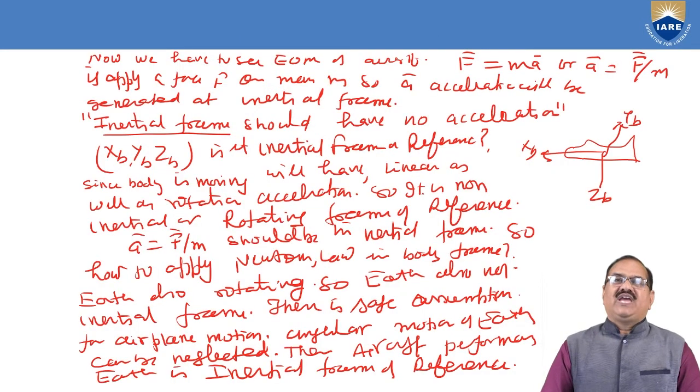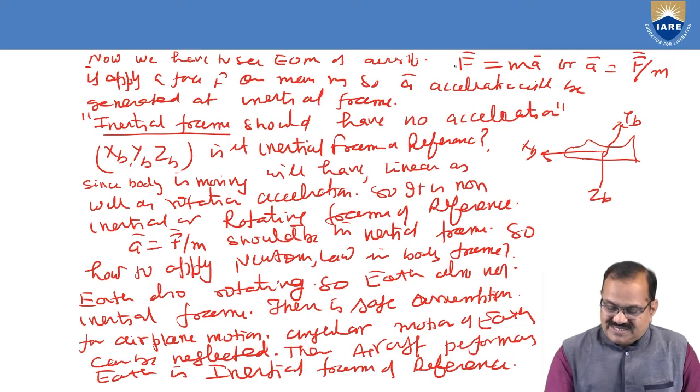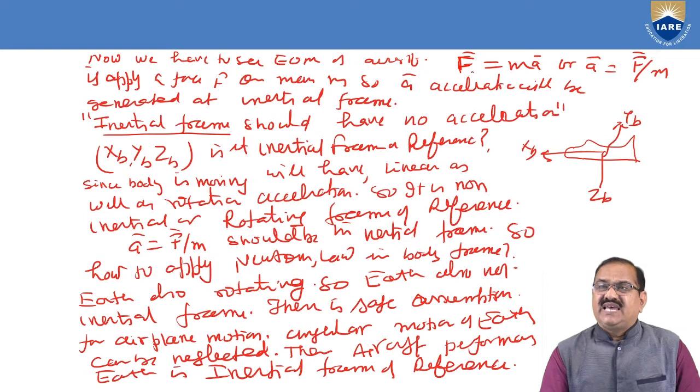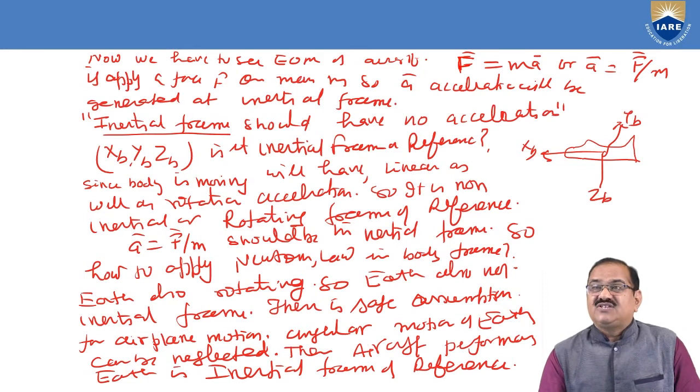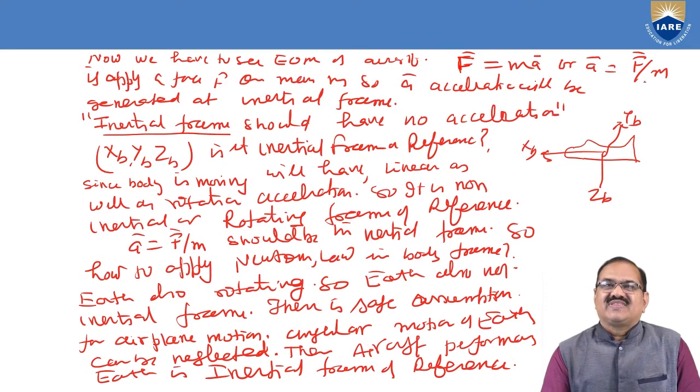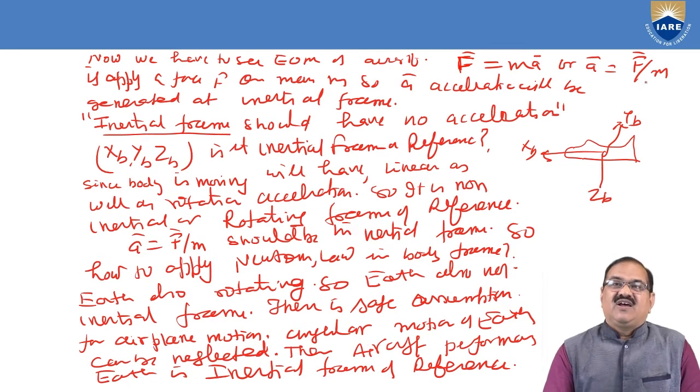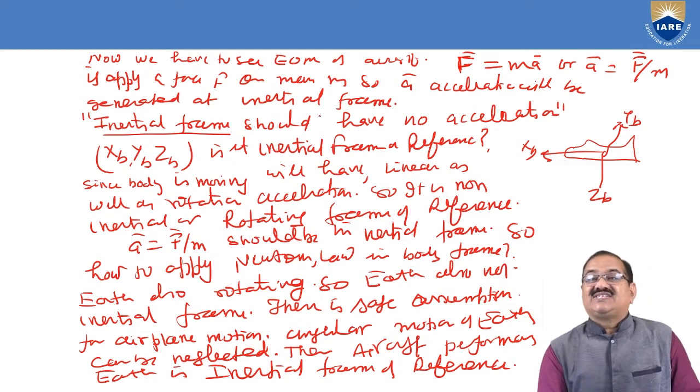Now we have to see the equation of motion of the aircraft. We know that by Newton's second law, F is equal to ma, or a is equal to F by m. If a force F is applied on a mass m, acceleration will be generated in the inertial frame.